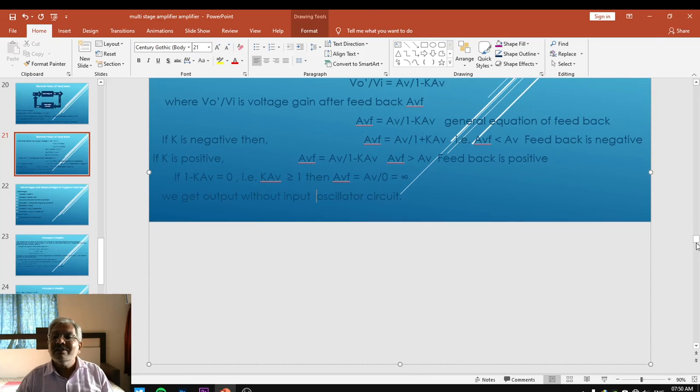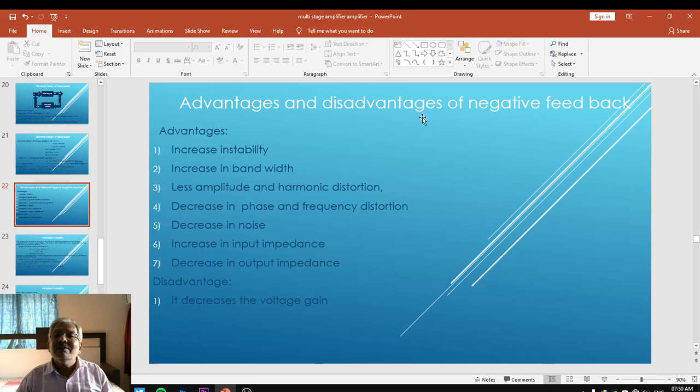Friends, thus if negative feedback is applied, voltage gain decreases. If positive feedback is applied, voltage gain increases. If a particular condition is satisfied, then the amplifier circuit is converted into an oscillatory circuit. That's all about the general theory of the feedback.